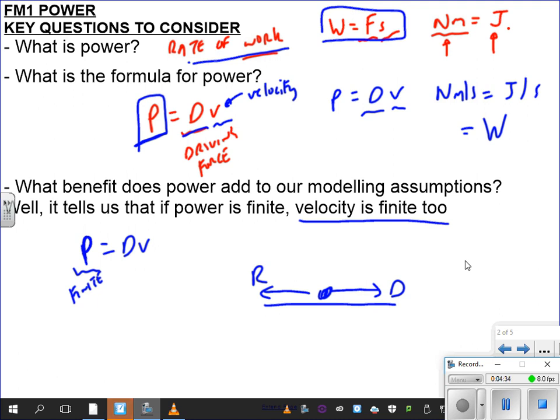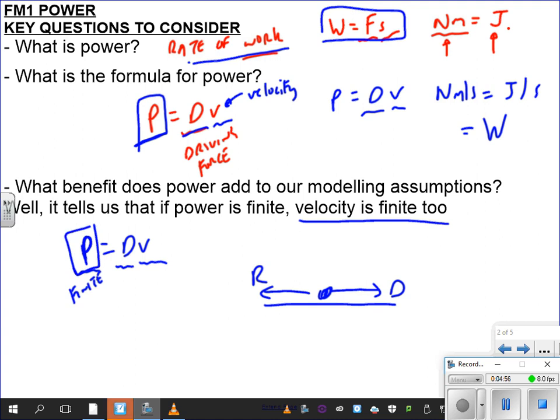If D is really, really big, then V must be really, really small. You put your foot down on that pedal to generate that driving force to generate velocity, don't you? So as your velocity is getting bigger, your driving force must be getting smaller because it still has to equal this finite number P.